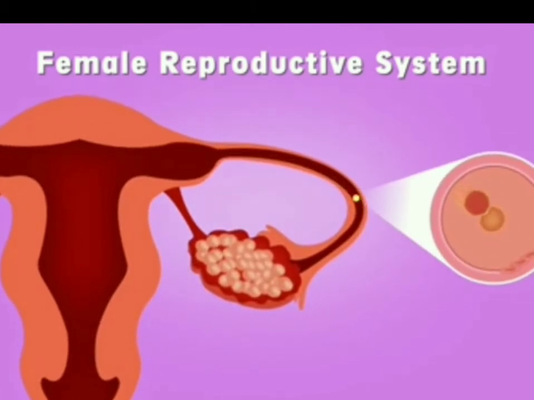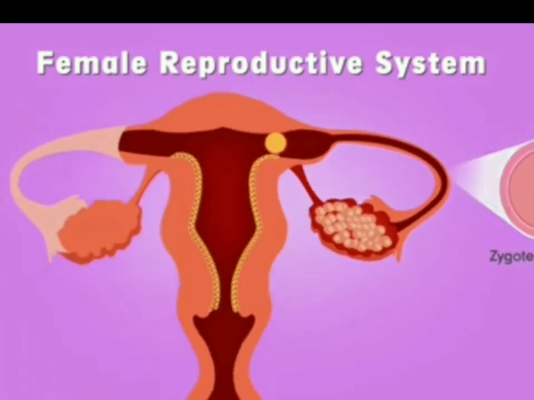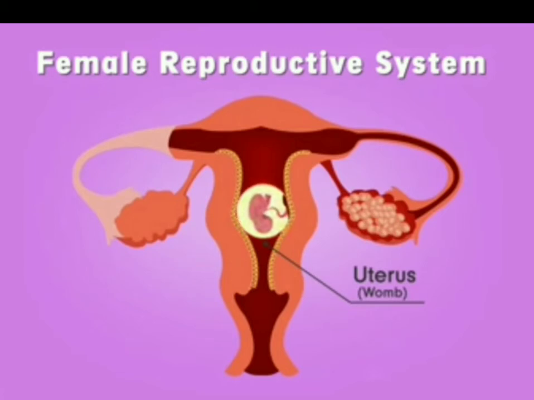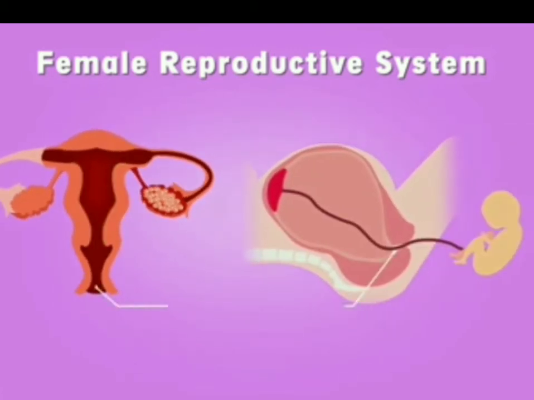We can see now the sperm nucleus joins with the ovum and forms a zygote, and the zygote comes and settles in the uterus. After that it becomes an embryo, and the embryo comes out from the vagina.